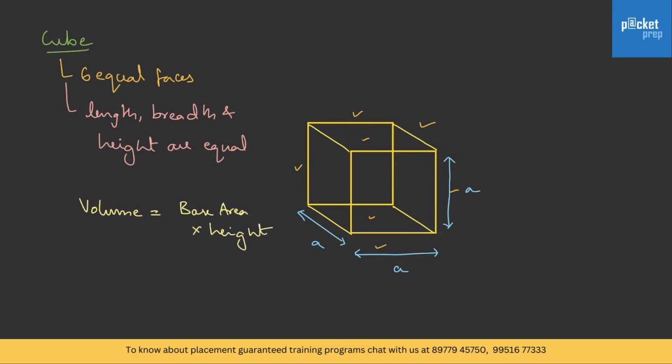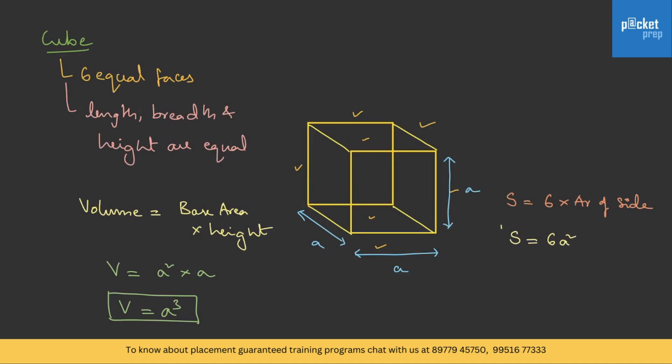So for a cube, base area is A into A, that's A square, and the height is also A. So this is A cube, where A is the length of the side. Now coming to the surface area, because all these 6 faces are equal, I can directly say 6 times the area of a side. Area of a side is A square, therefore surface area can be written as 6 A square.